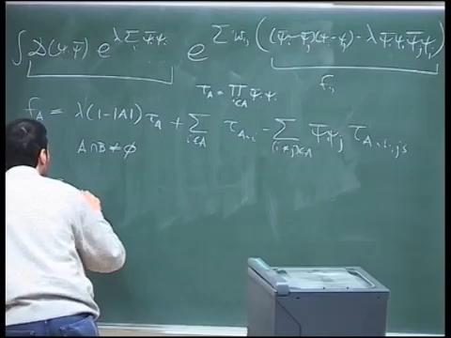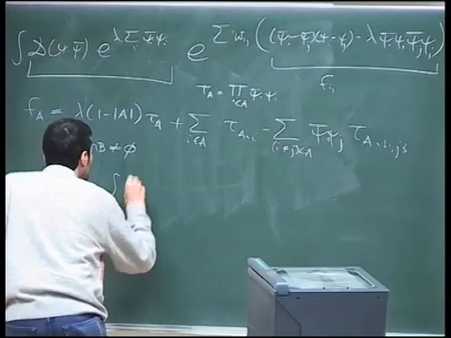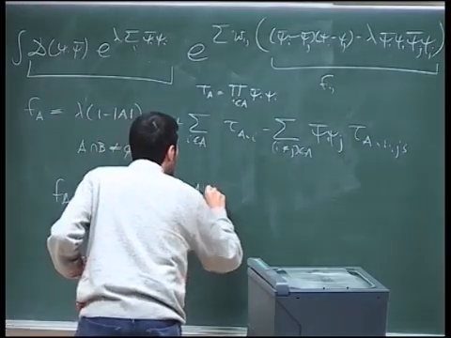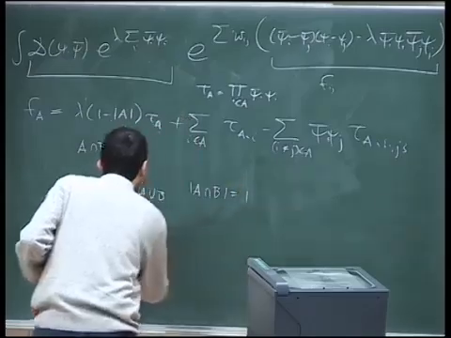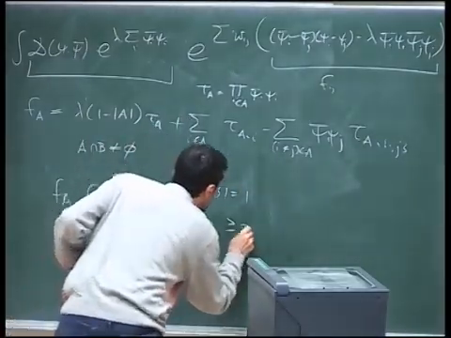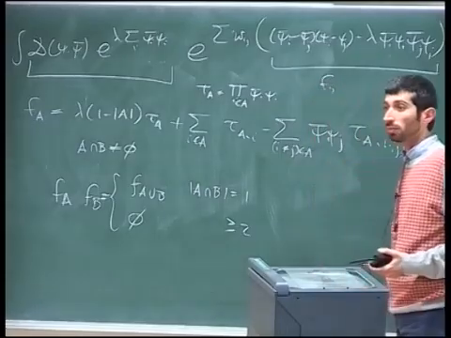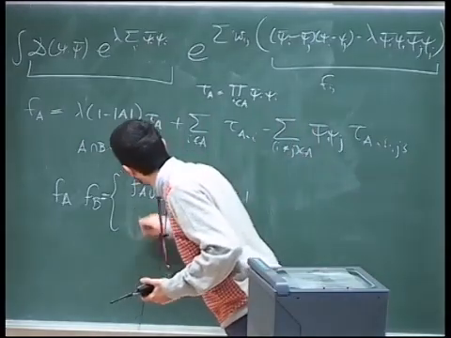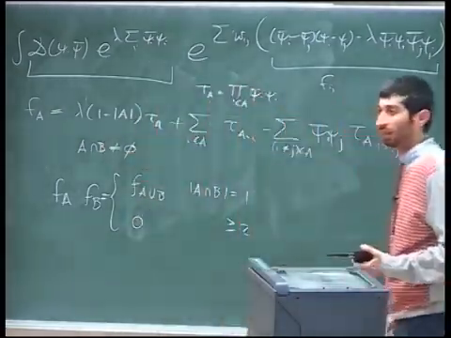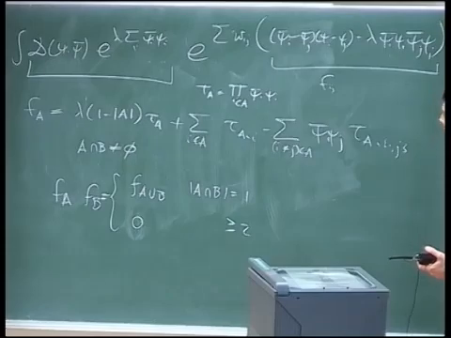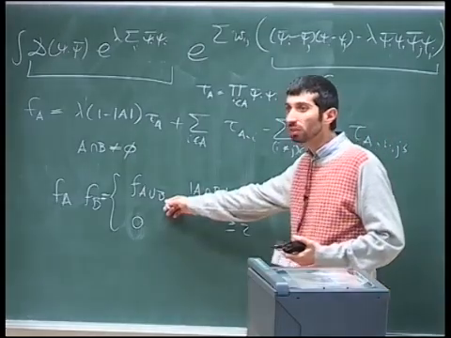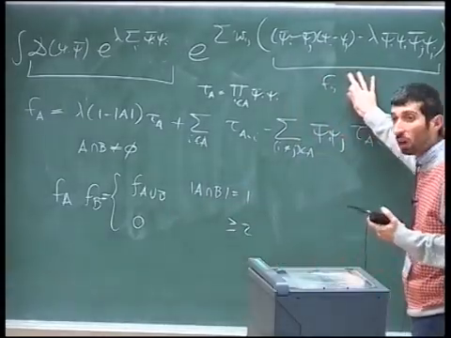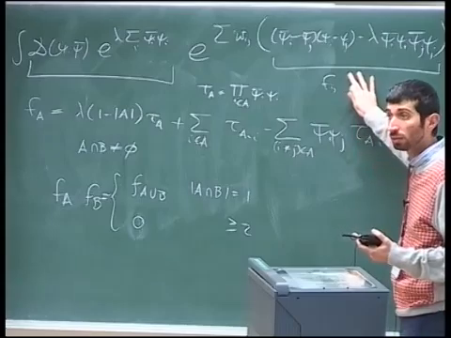Fa times Fb in this case is equal to Fa union B if the intersection has cardinality 1, and 0 if it is larger than or equal to 2. 0, not empty. Sorry, 0 in the information science language. So you see that with these rules, the expansion of this exponential is quite easy to handle.